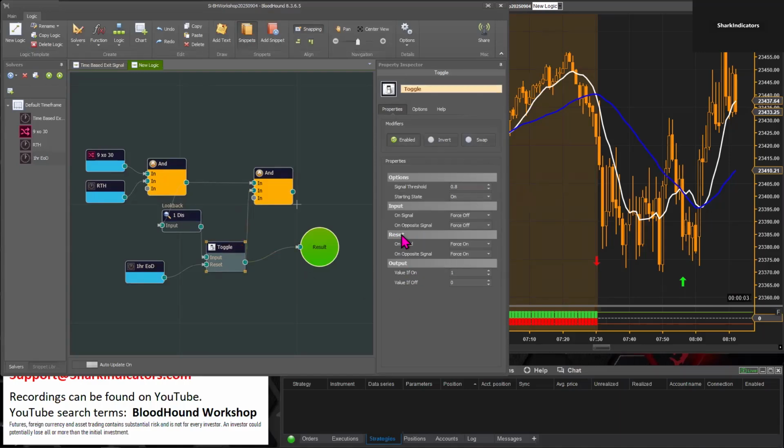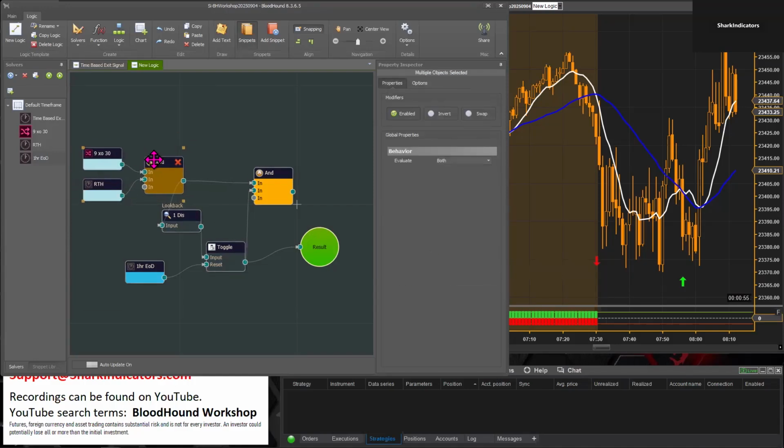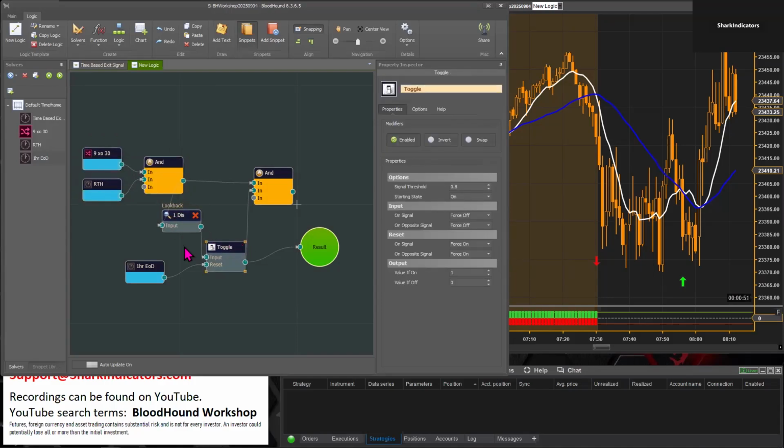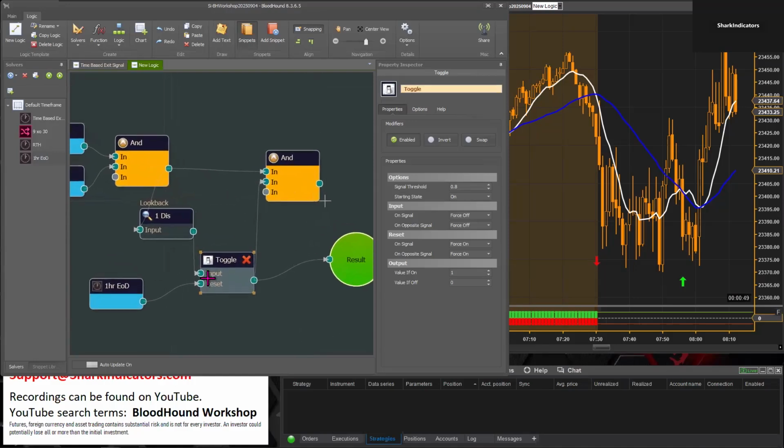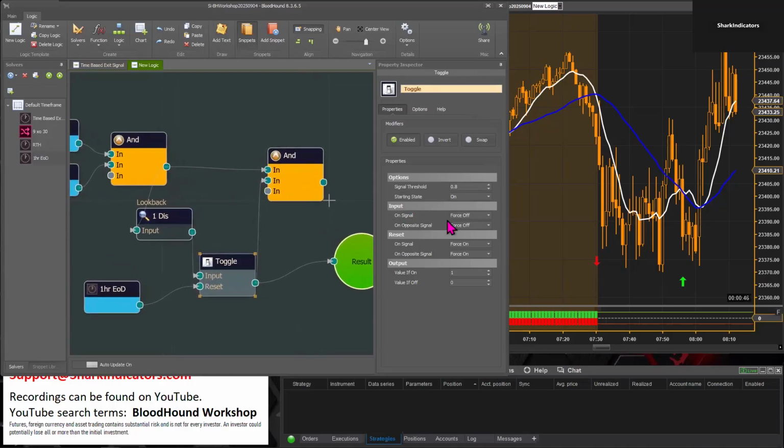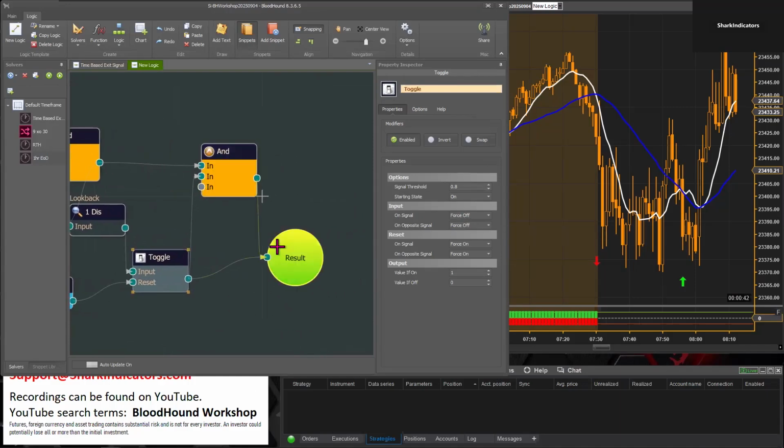So again, remember, the resets here are turning the toggle node on overnight. And then when the actual, quote, trade signals come in, those are coming into the input connection. And if we look here, the input connection is turning the toggle node off.